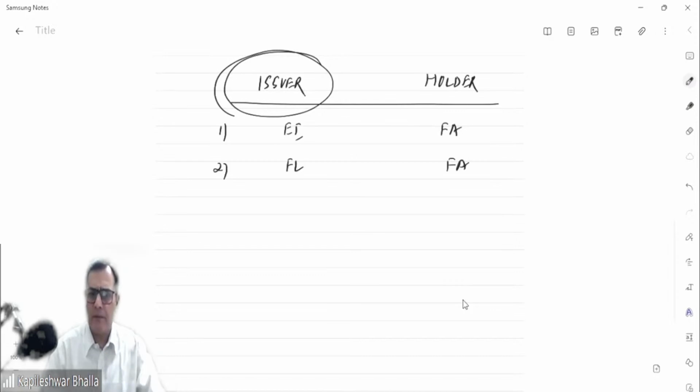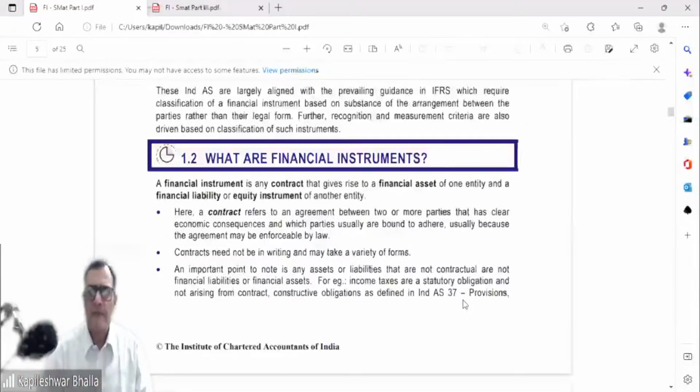Let me just come back to the definition now. Having understood the concept of a contract, which is a contract between two parties, let's come back and read the definition. It says a financial instrument is any contract that gives rise to a financial asset for one entity. When I say it gives rise to a financial asset for one entity, needless to mention that entity is the holder.